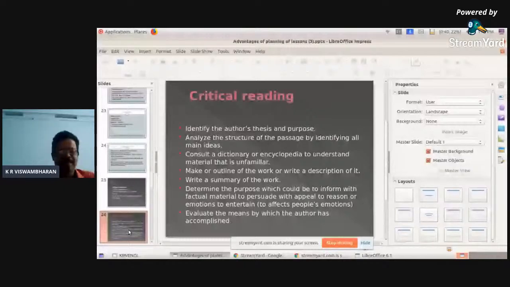So critical reading is there, creative reading is there, and we want to make from the very beginning the deepest understanding of a material.